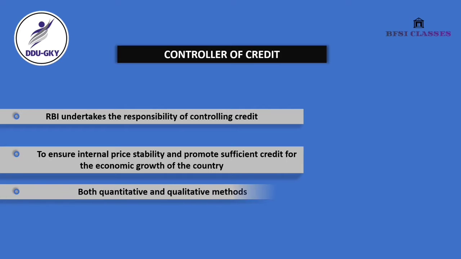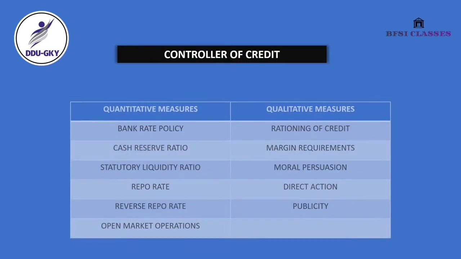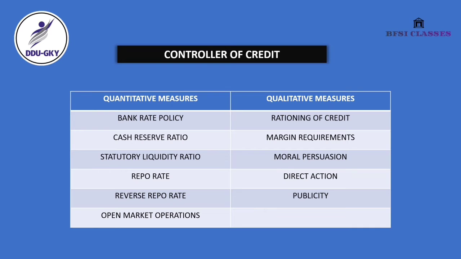Credit control is done to ensure there is no inflationary tendency and no deflationary tendency in the economy. So, in order to balance the economy from inflation and deflation, credit control measures are taken by RBI, and these measures include both quantitative and qualitative measures.